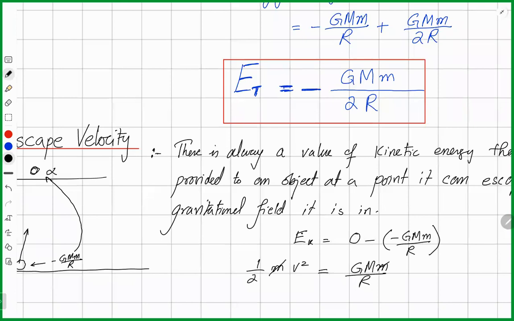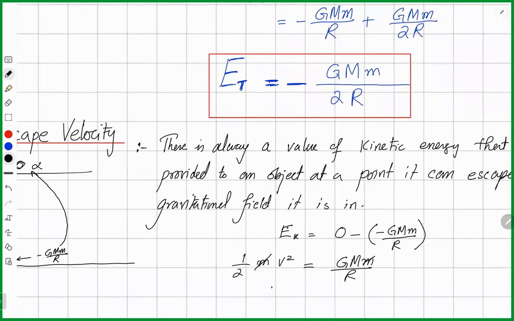You can cancel m with m, and you can see that v equals square root of 2GM over r. So this will be the velocity that, if we provide to an object, it will go out of the field and will never come back.